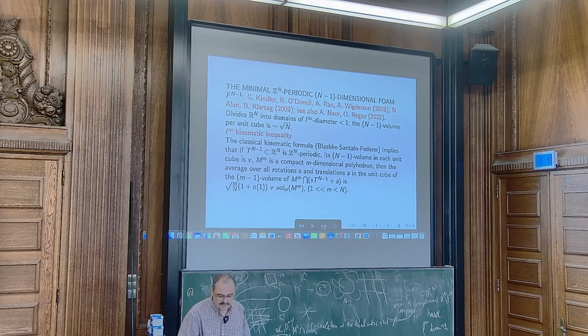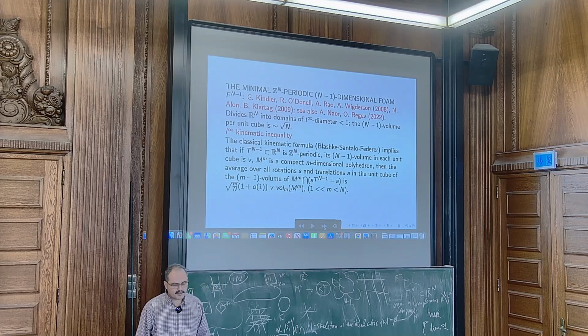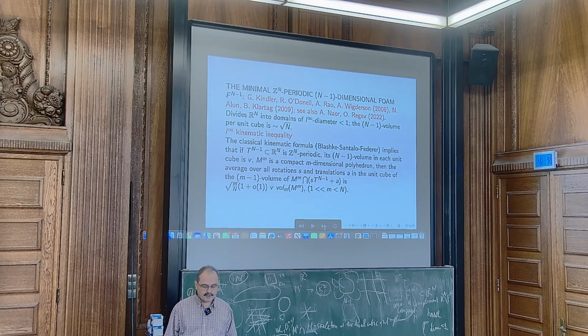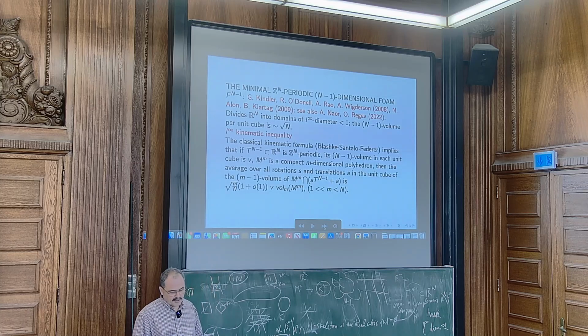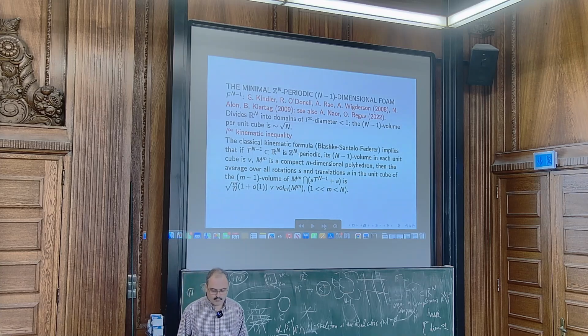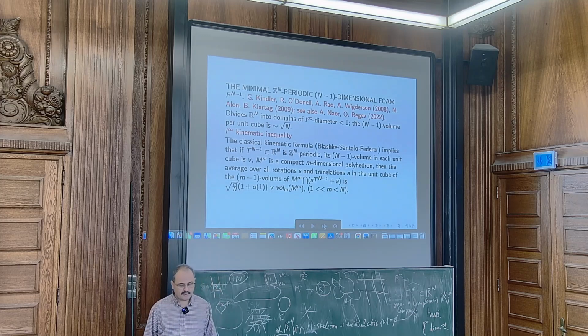But I'm digressing. So, the L infinity kinematic inequality. The classical kinematic formula implies that if we have T^{n-1} in Rn, where T is not a torus, just something n minus 1 dimensional and Zn periodic, and its n minus 1 dimensional volume in each unit cube is V, and we have a compact m dimensional polyhedron, then the average over all rotations and translations in the unit cube of the m minus 1 dimensional volume will be given by the formula.